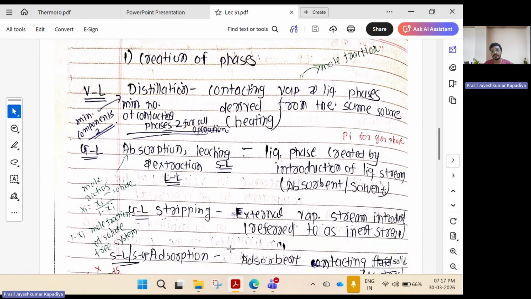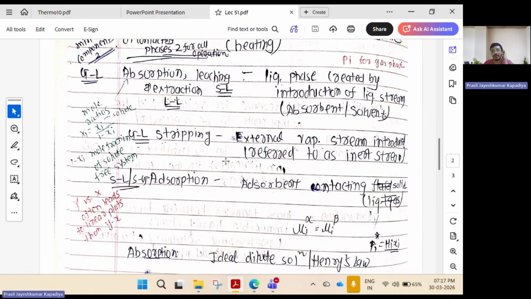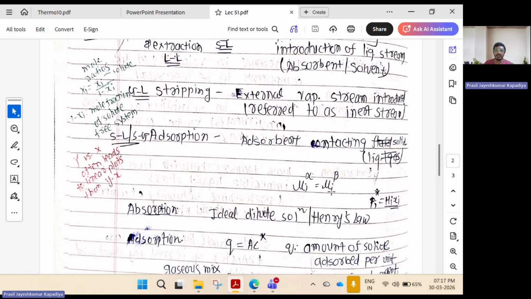Similarly, when we are dealing with the gas phase, concentration is generally expressed in terms of partial pressures. Stripping is also gas-liquid, and adsorption can be solid-gas or solid-liquid. But in all these operations, the basic condition is that mu_i alpha should be equal to mu_i beta.